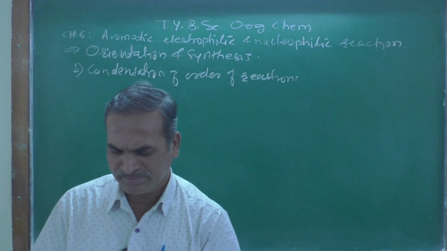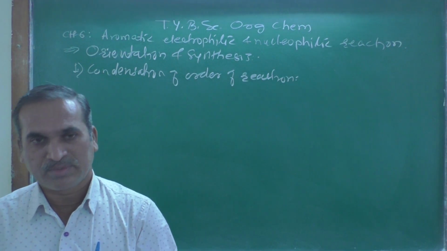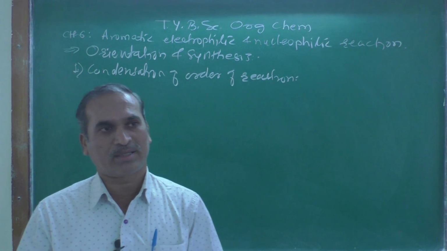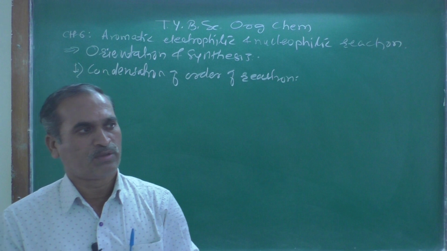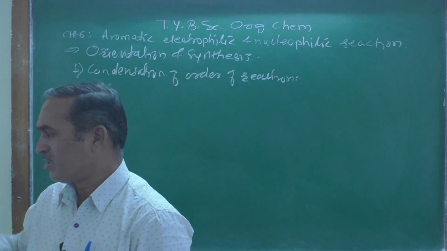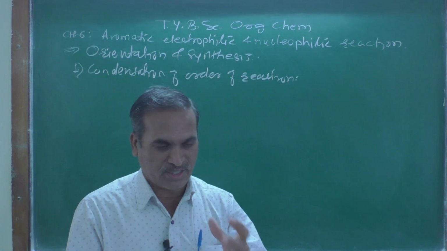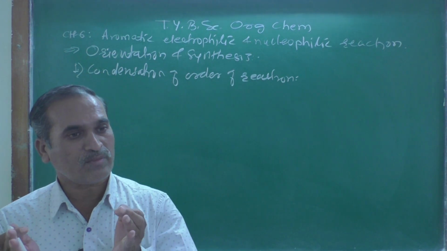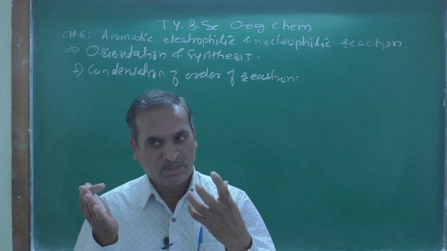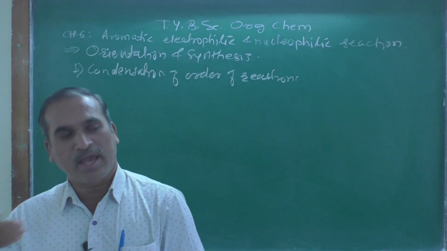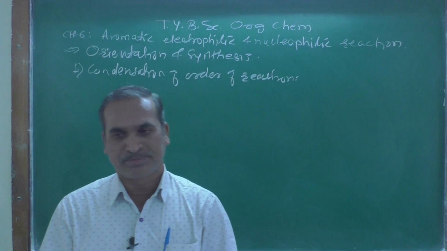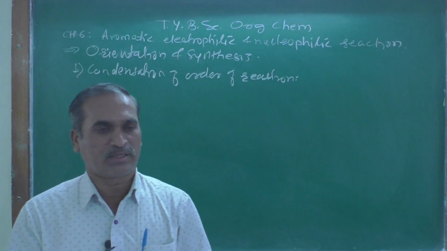For example, let us see here, suppose we want to prepare nitrobromobenzene. What type of reaction can you carry out, what kind of order are you going to follow here?